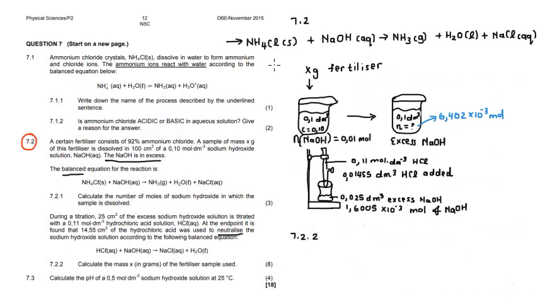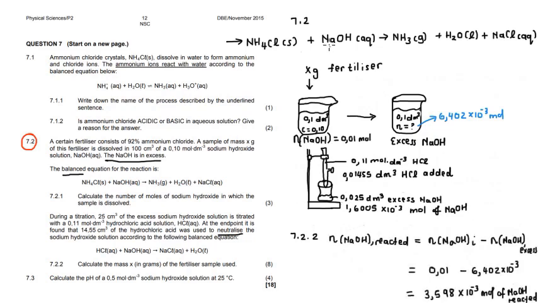So the number of moles of sodium hydroxide that completely reacted is going to be equal to the number of moles of ammonium chloride crystals that were added into the original beaker, this beaker number 1 over here.